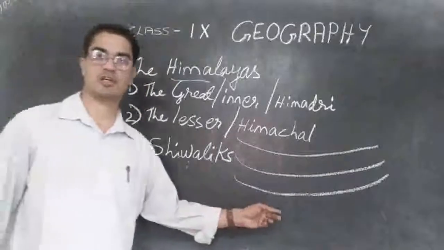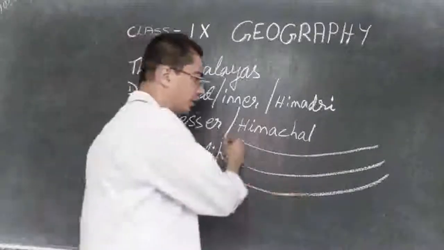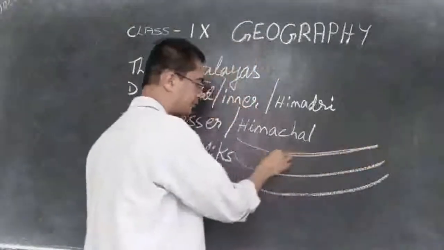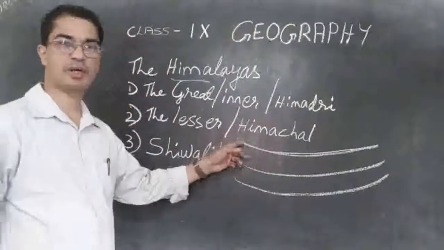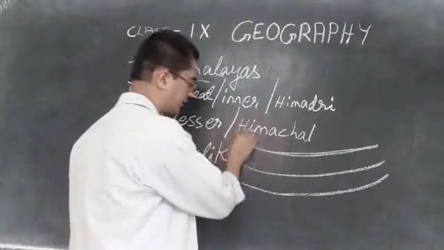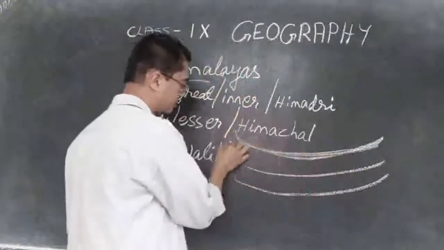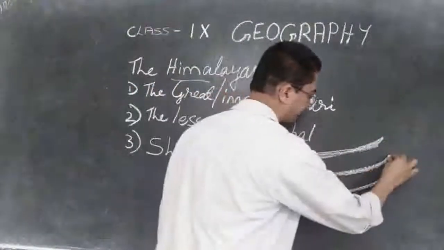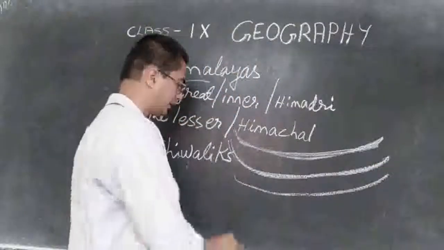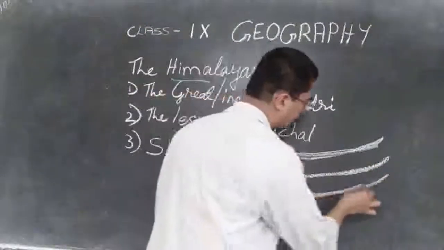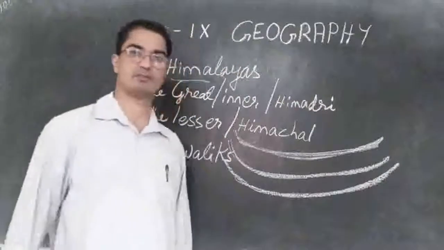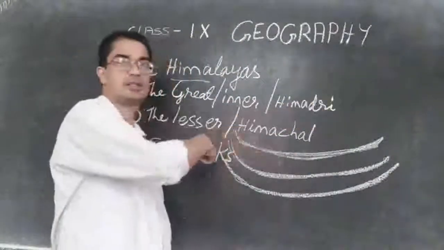This is how the Himalaya has been divided. The first range is the Greater Himalaya, bending down like this. Then the second one is the Lesser Himalaya, and the third one is the Shivalis.